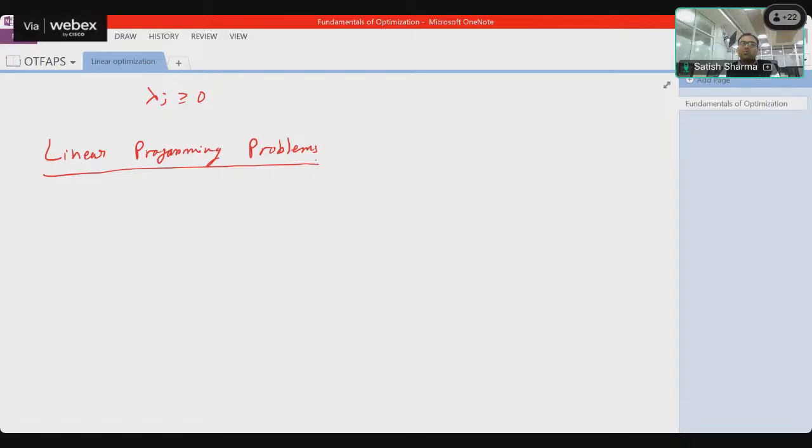So KKT conditions and all are valid for non-linear optimization, but for linear, it is not possible to use those.